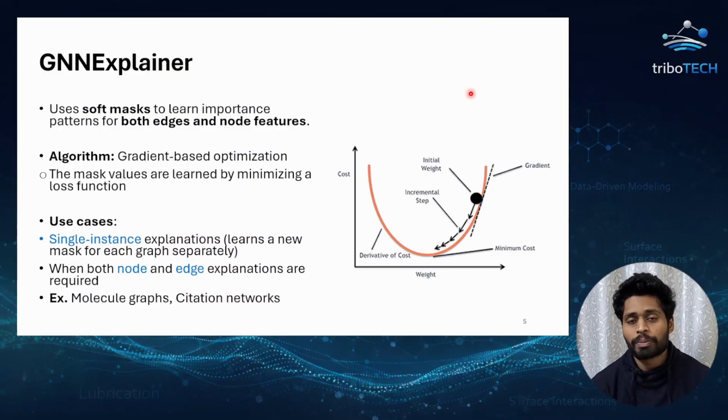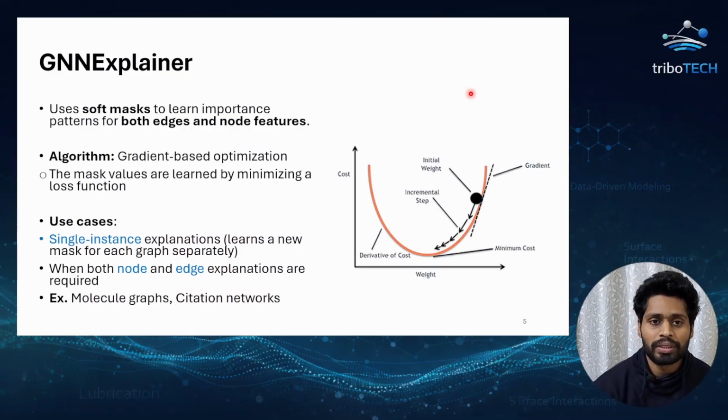So GNN explainer is interested in both edges and node features. These are the important features of GNN explainer which you should keep in your mind, because in the coming slides we will discuss other explainers, and then you can compare them with GNN explainer.